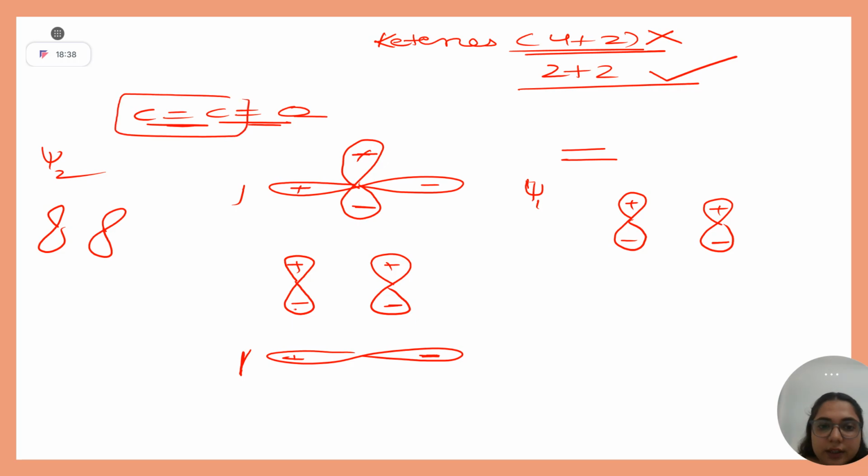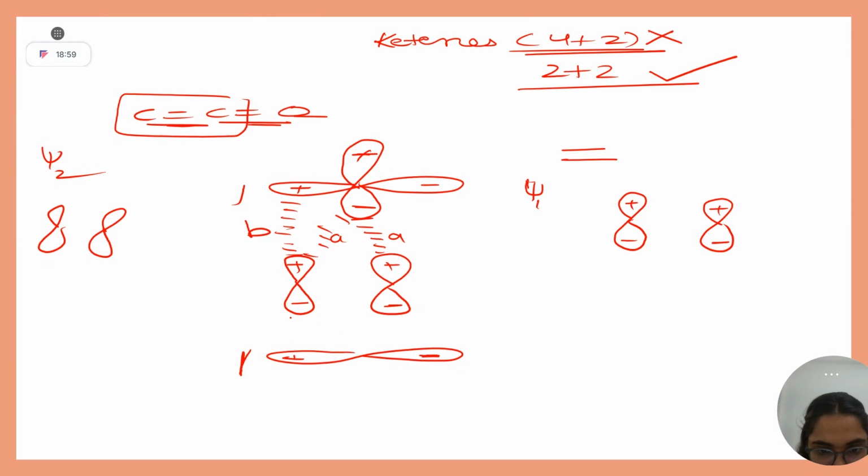Now let's check its bonding interaction. So this is your HOMO in the case of ethylene, right? Let's check the number of bonding interactions. Is this bonding or anti-bonding? Bonding. That's anti-bonding. This is anti-bonding.